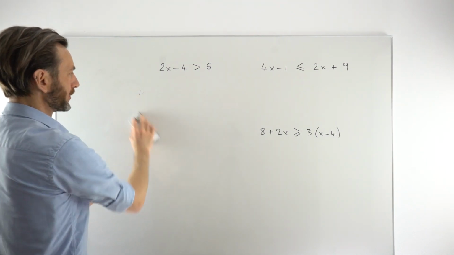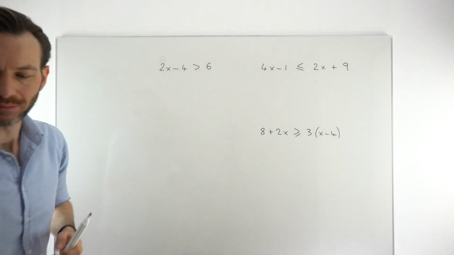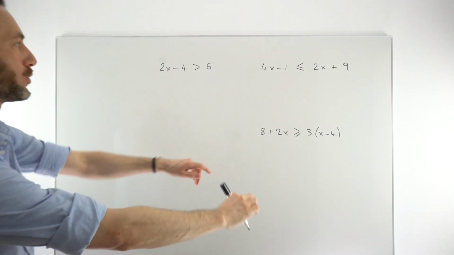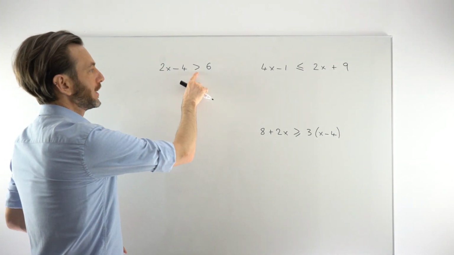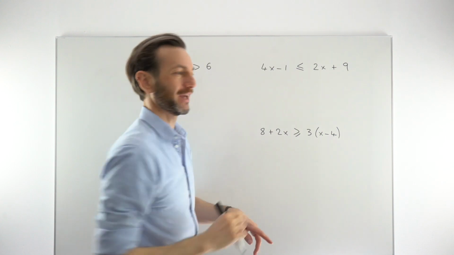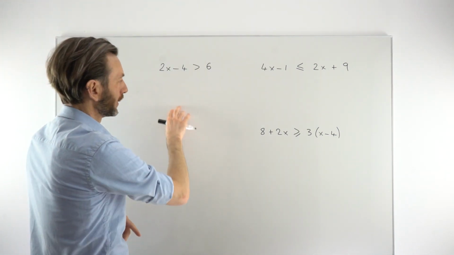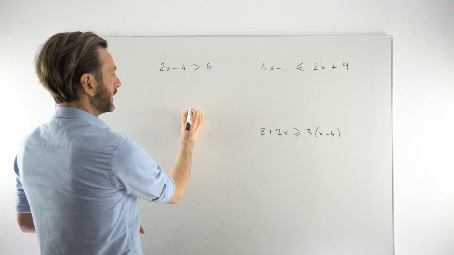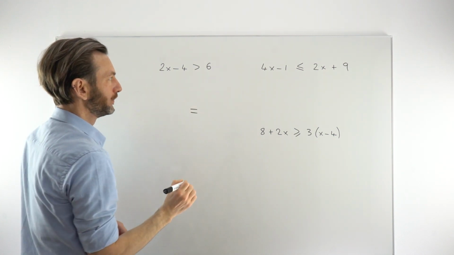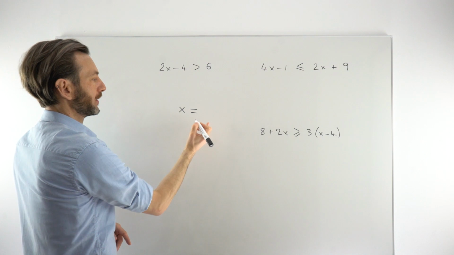It doesn't really matter what the symbol is. We just keep the same symbol all the way through. So you'll never change this. One of the common mistakes, the biggest mistake I see with students starting these, is that you go through the working, maybe correctly, and then at the end turn it into an equals to say that x equals something.